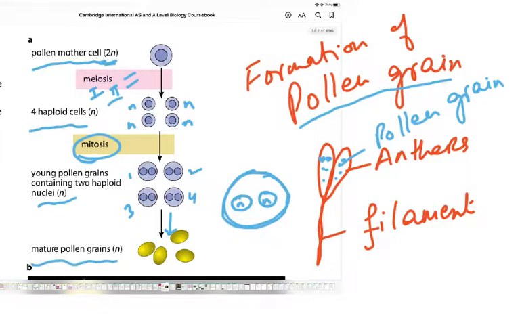Now this whole thing is happening inside anthers. The filament is just the stem which the xylem and the phloem pass through and provide it water and mineral salts, and also take away the nutrients or bring it the nutrients. So this is what we need to understand about the formation of pollen grains.